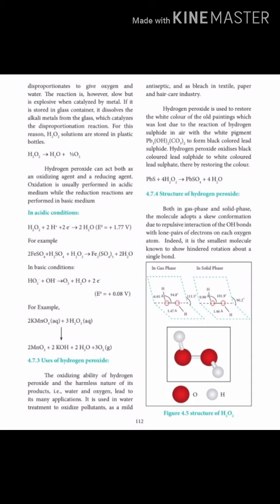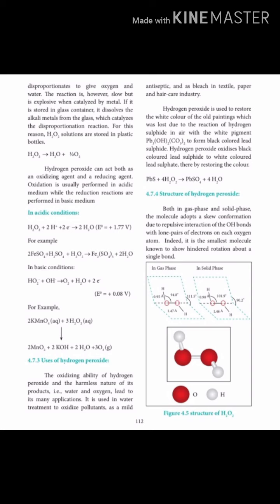Then in basic conditions, OH minus ions react with hydrogen peroxide. For example, potassium permanganate plus hydrogen peroxide gives manganese dioxide plus potassium hydroxide plus water molecules plus oxygen gas. Acidic medium example: sulfuric acid.